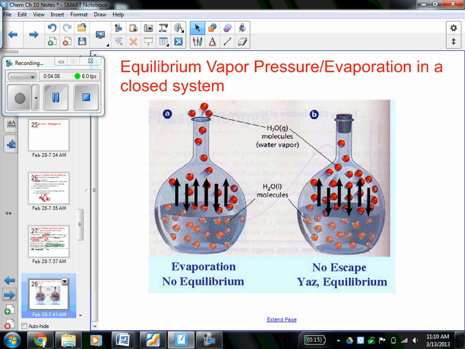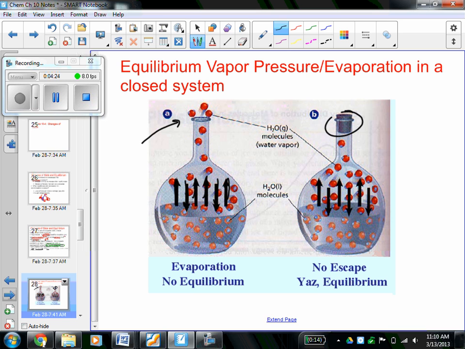So what we have on this slide is an uncapped system. You'll notice it's uncapped up here. Okay, so no cap. And so we have a lot of evaporation and very little condensation. So we have more arrows going up than we have down. Well, here it's capped. So once you put a cap on it, you have equal amounts of condensation, so arrows going down, and equal amounts of evaporation, or arrows going up.